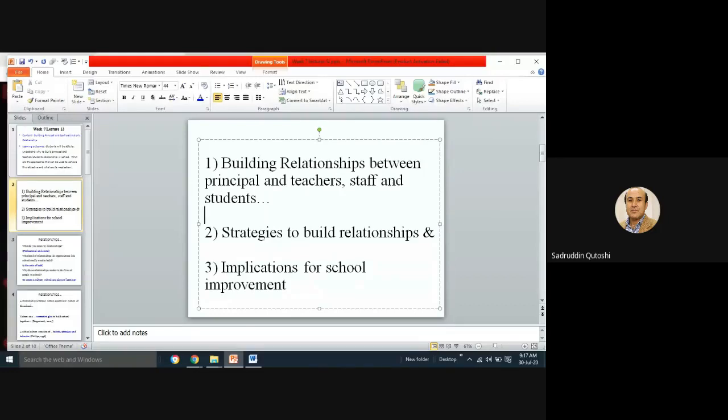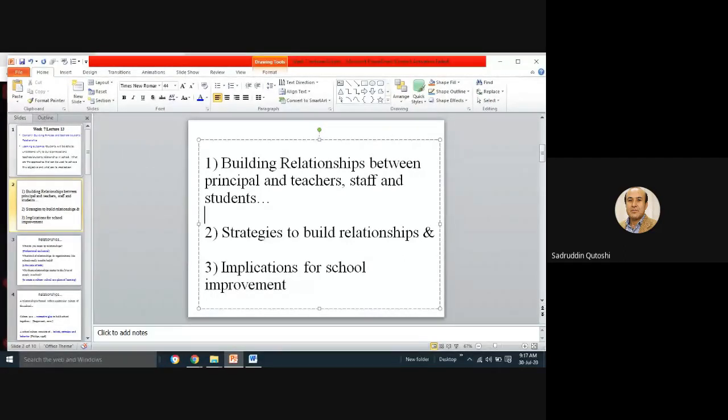When we look at the first point, building relationships between principal and teachers, principal and staff, principal and students, teachers and students, this is how we can make sense of building relationships. The second point is strategies to build relationships.